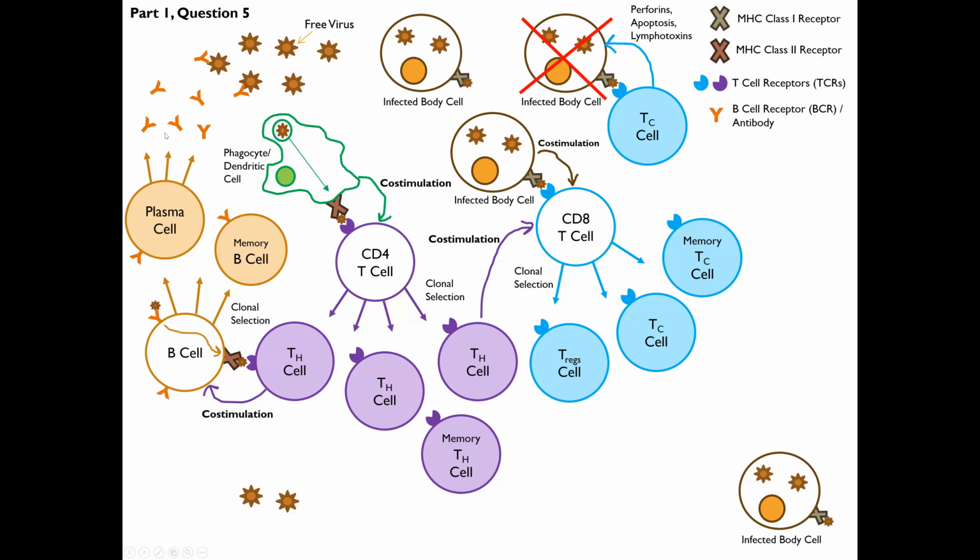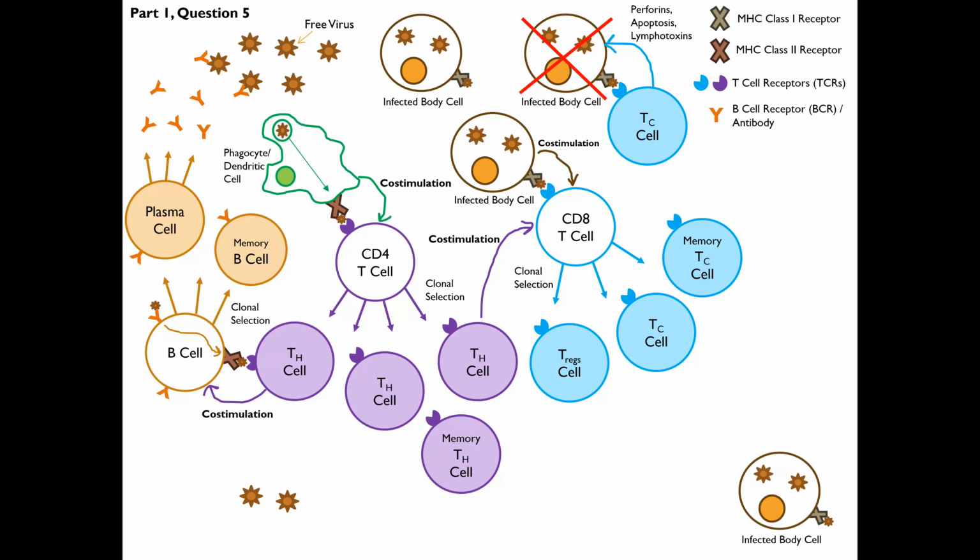So they churn out millions of antibodies, which then go out and bind to the free viruses that are in the bodily fluids. And we call this our antibody mediated immune response, and this is aimed at getting rid of the free viral particles in our blood and interstitial fluids.